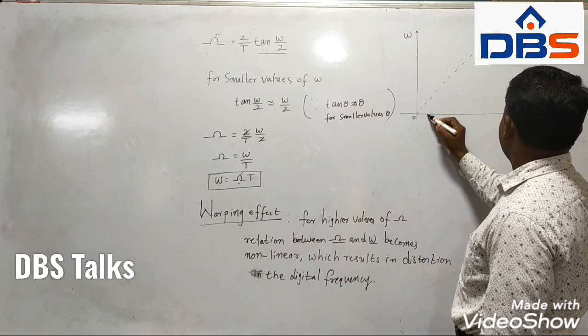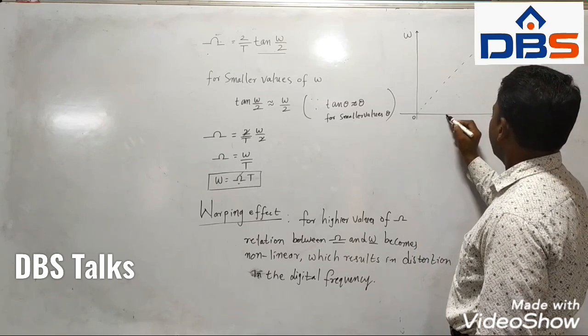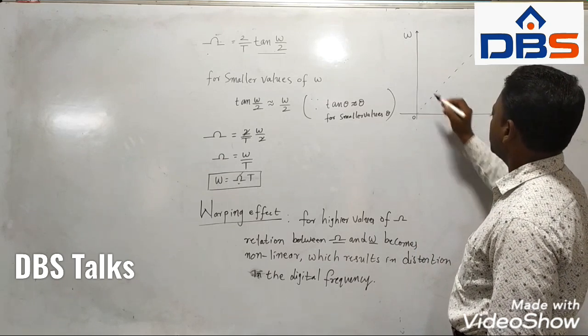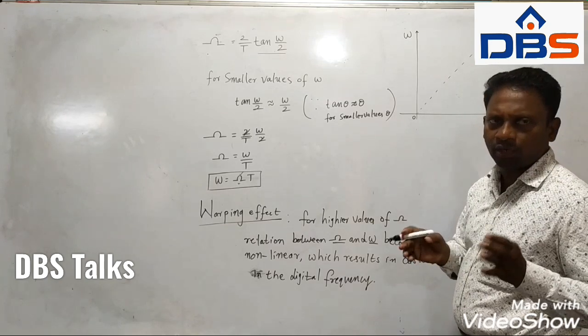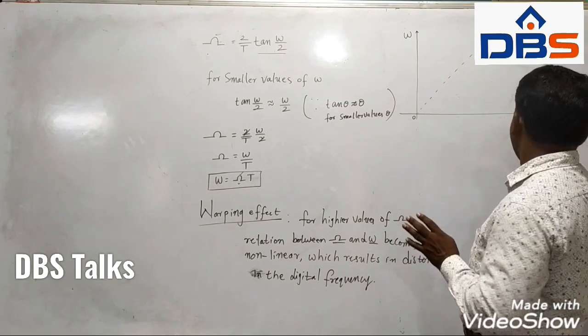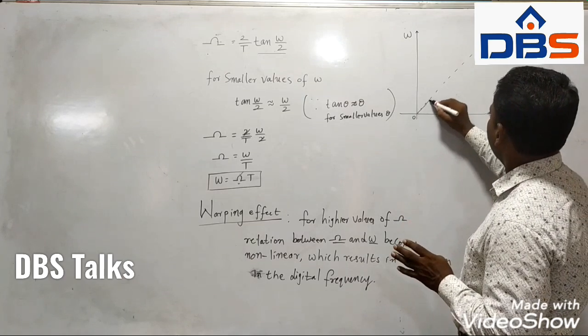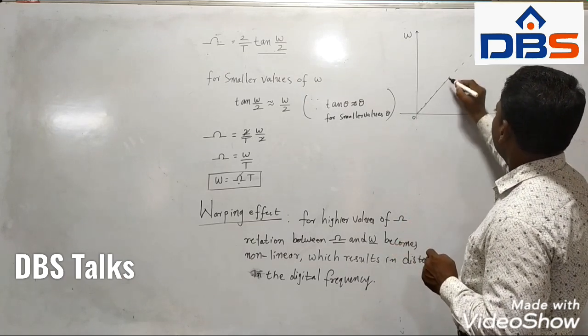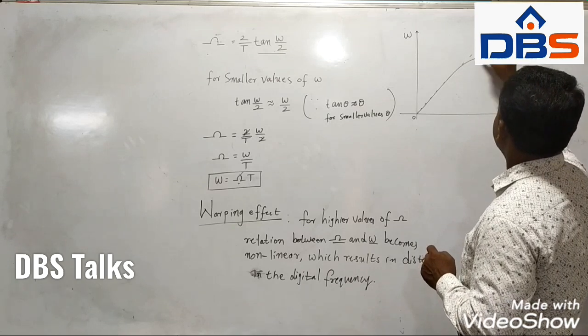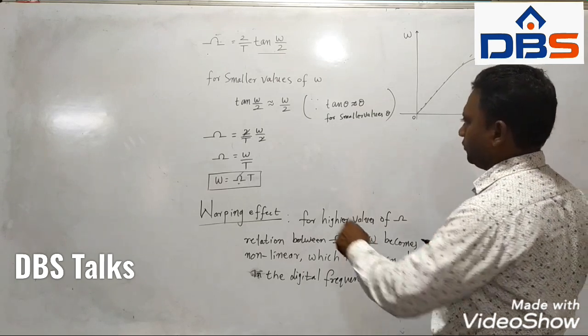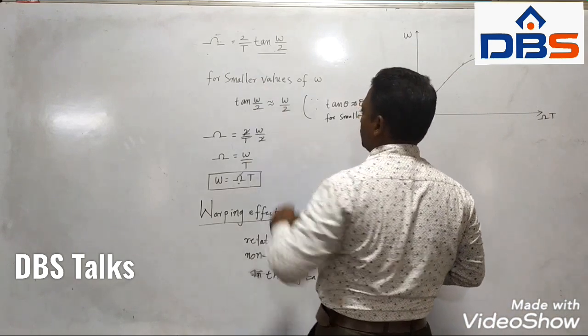See, for omega t equal to 1, this is also 1. For omega t equal to 2, it is also 2, like that. Linear. That linearity holds only for smaller values of omega. So suppose up to this point. After this, slowly it deviates from the linearity because of this tan omega by 2.